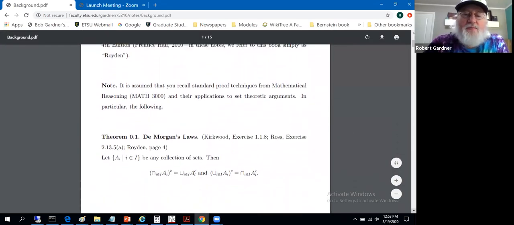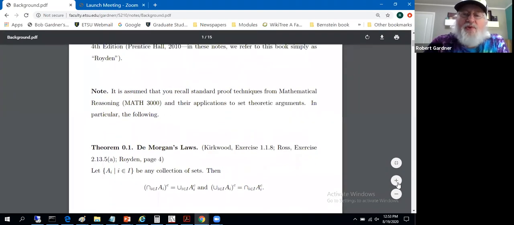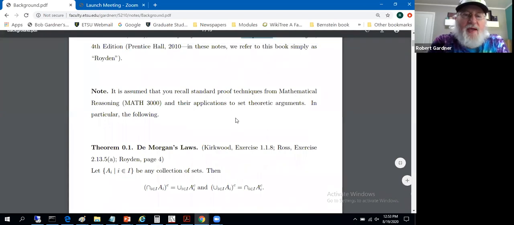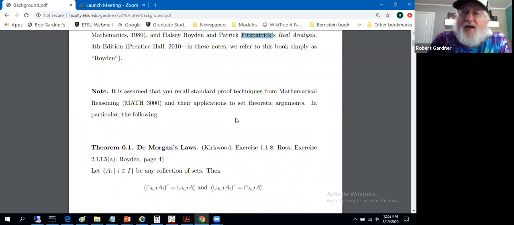Okay, so for some material, it's kind of assumed you're up to date with your math reasoning, proof techniques, induction, set theory arguments, logic like contrapositive and things like that.